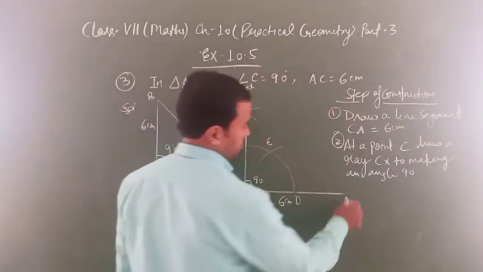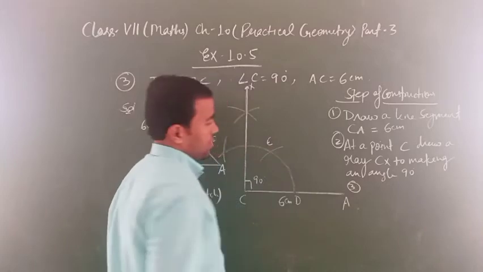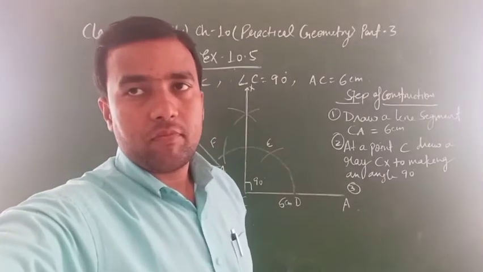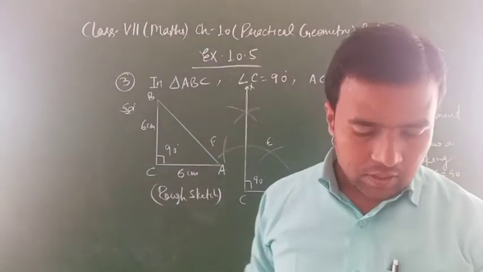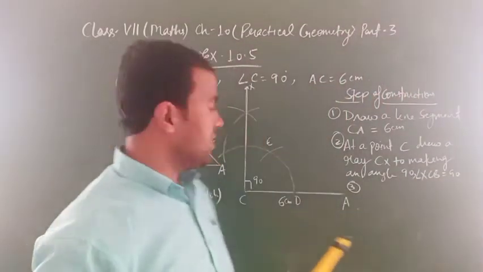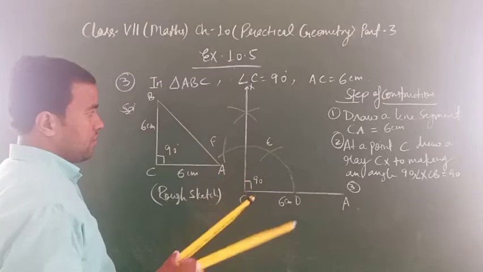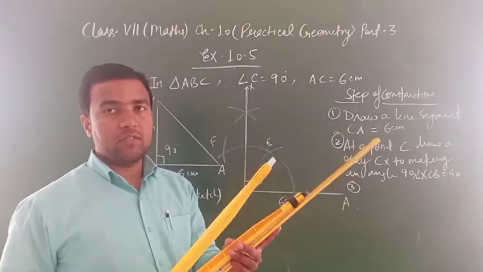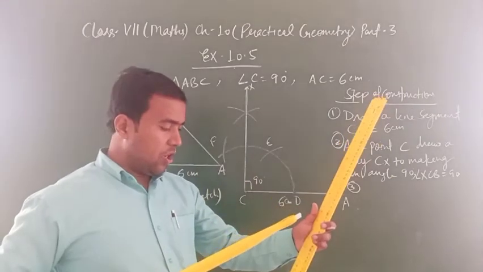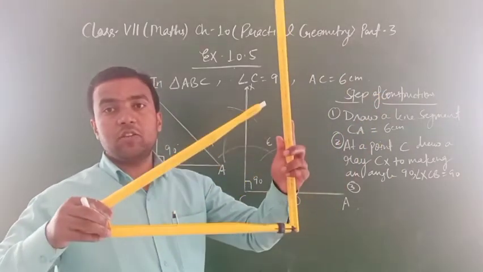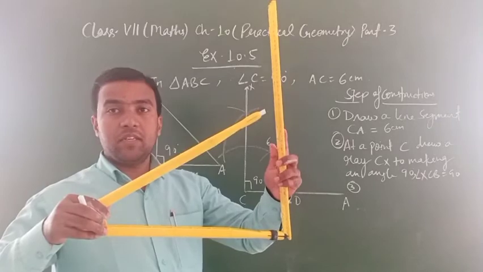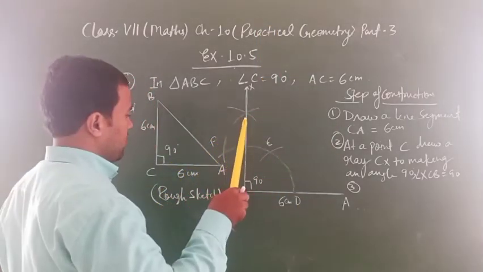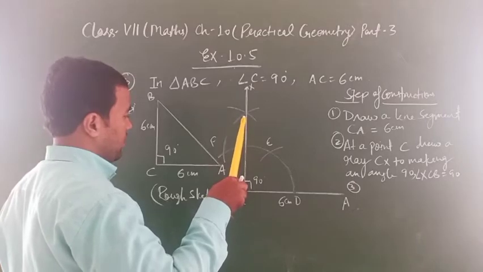Third step. Third step, what we will do? With C as a center, we will take radius with the help of scale. How much centimeter? 6 centimeter you will measure from scale. After that you will keep it here.